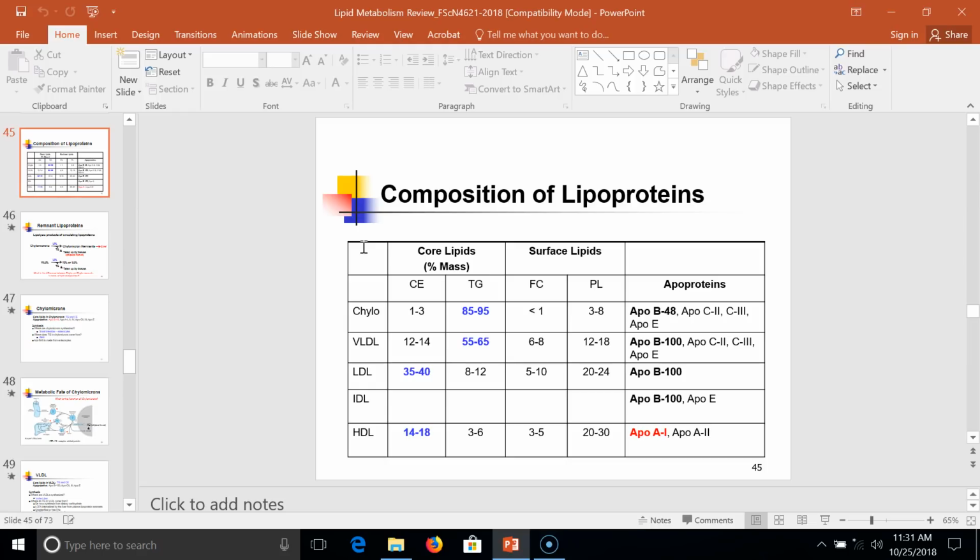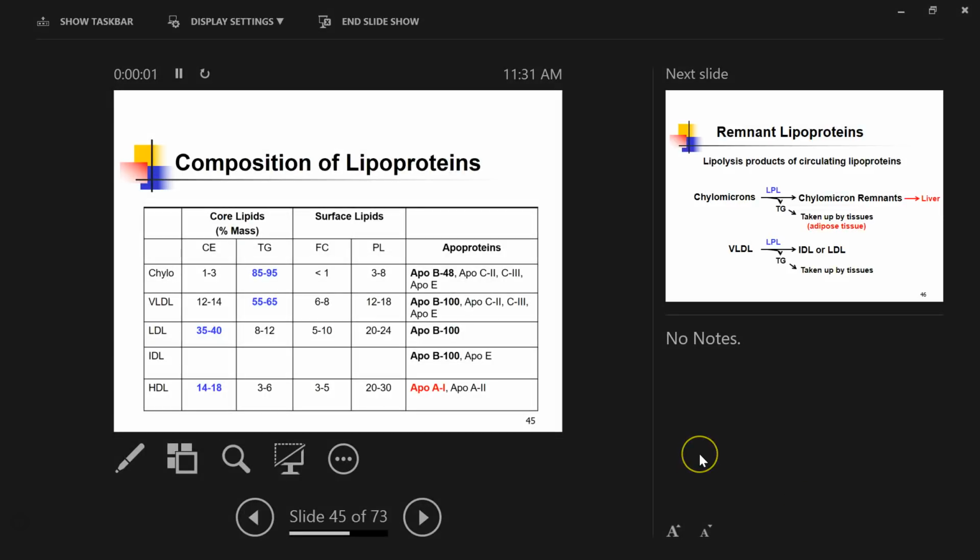For example, apo B48 is unique to chylomicron, because it's synthesized in the small intestine. And for VLDL, apo B100 is specific, because it's synthesized in the liver, while chylomicron is synthesized in the small intestine.